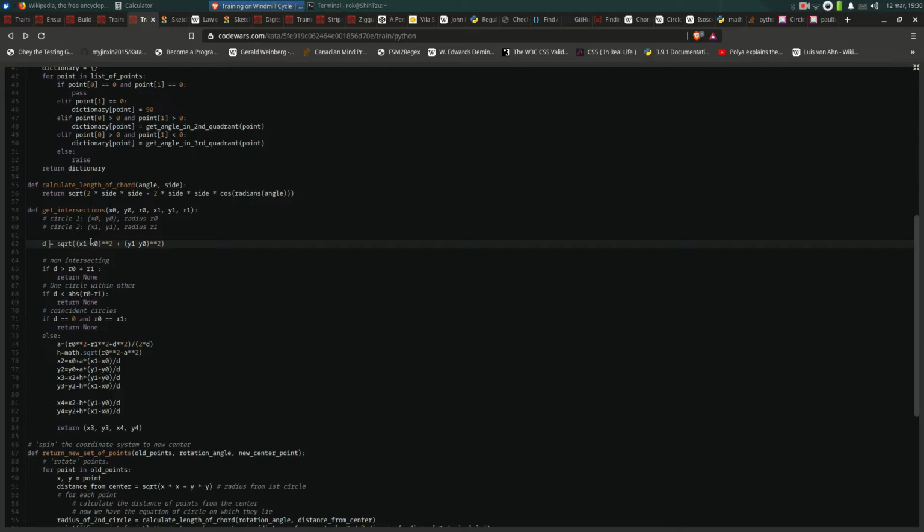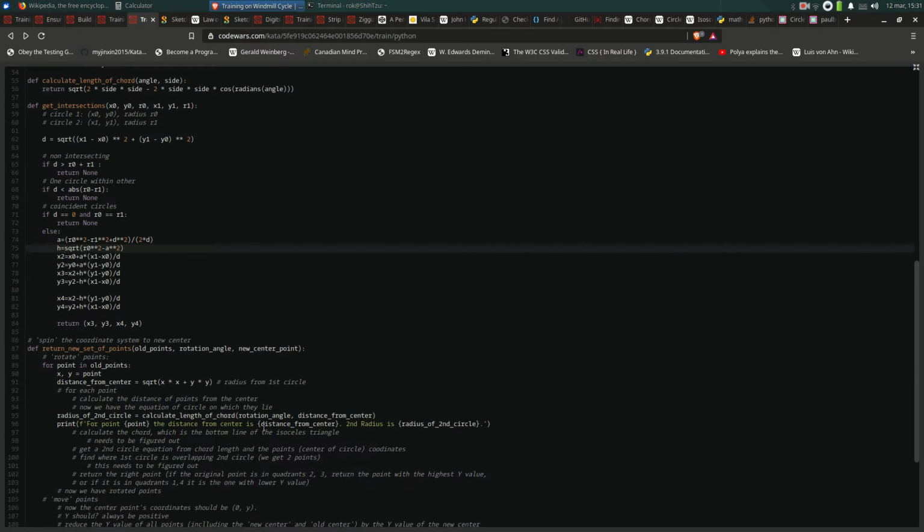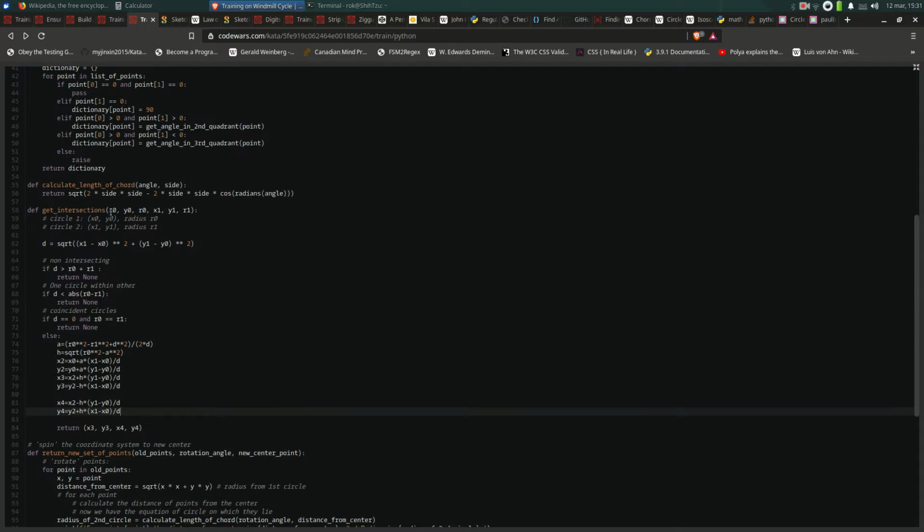Well, let's just not fix that then. Math square root. So you say this needs to find where the first circle, get intersections, and get intersections.